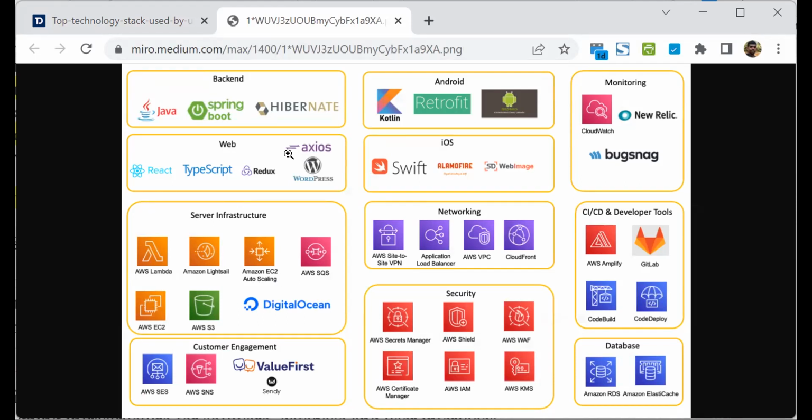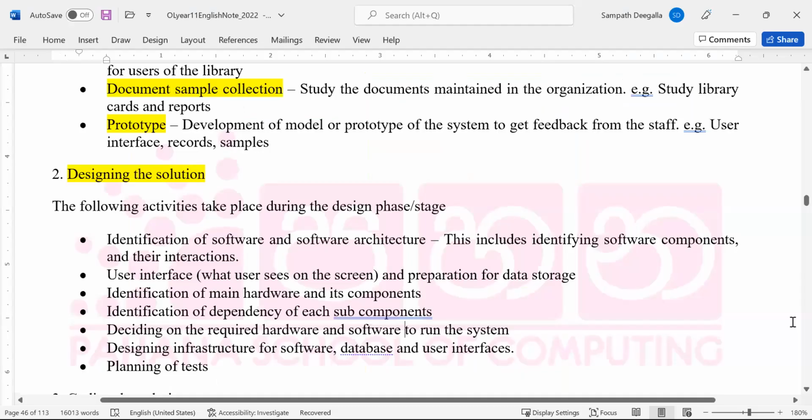And then, if you're building Android systems, mobile systems, then you have different selections. Similar goes with Apple. So you have to use a different software stack. Which means you have to select these things, right? So you should understand what software we need to use. It's very important. And this is called identification of software and software architecture.